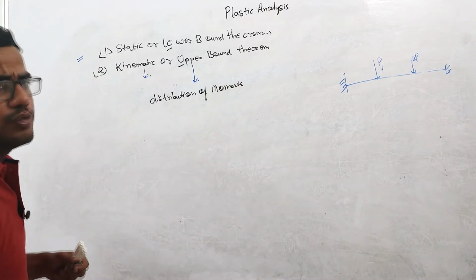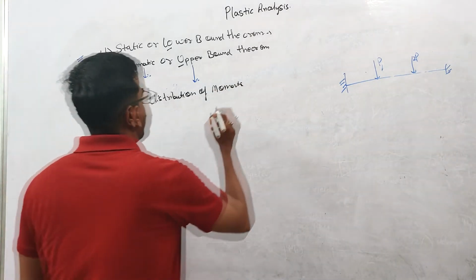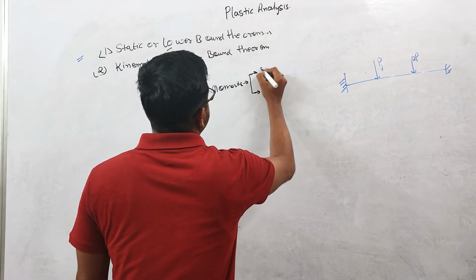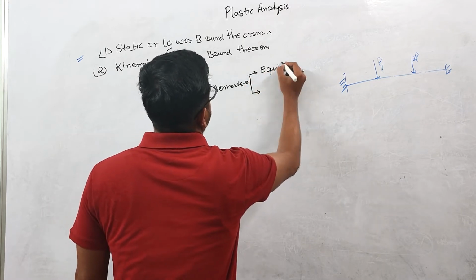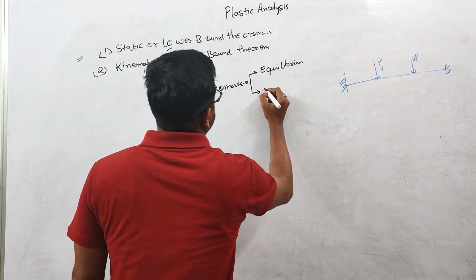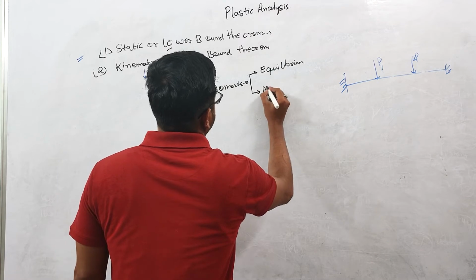Right. So due to this distribution of moments in kinematic theorem, the distribution of moment will satisfy two conditions. One is equilibrium, and one is mechanism.